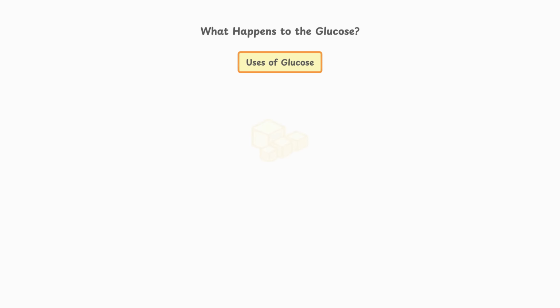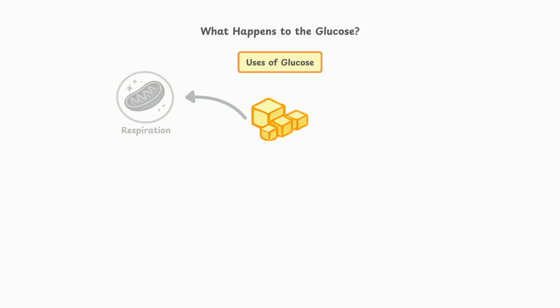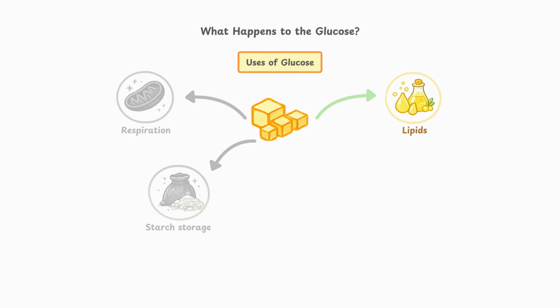Glucose is much more than just food for a plant. Once it has been produced, it can be used in several different ways to help the plant survive, grow, and reproduce. Some glucose is used in respiration, releasing the energy needed for growth, repair, and all the other processes that keep the plant alive. When more glucose is produced than is needed, the excess can be converted into starch and stored for later use. Glucose can also be converted into lipids, which are fats and oils used for long-term energy storage, particularly in seeds.